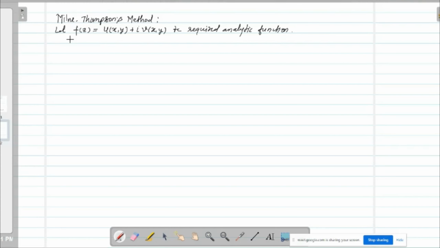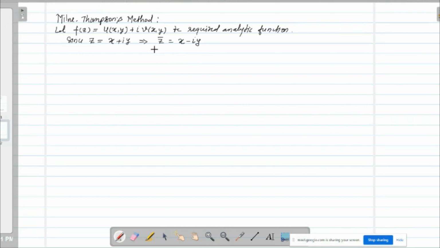Since we know that the complex number z is x plus iy, and its conjugate is z bar equal to x minus iy. So this is the complex conjugate of the given complex number.